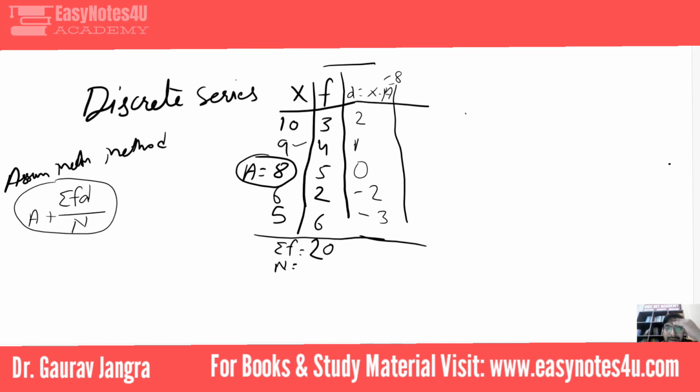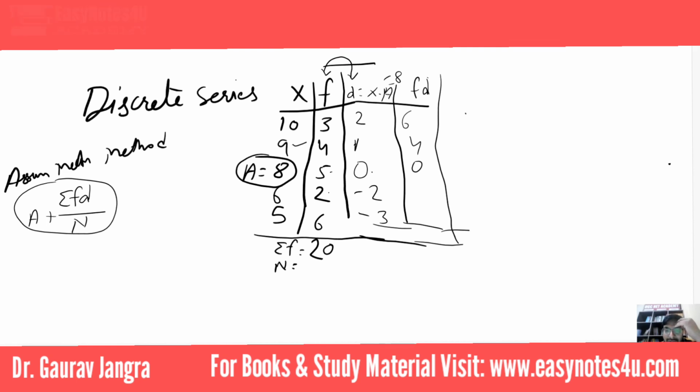Now we have to multiply the frequency with the deviation, f into d. 3 into 2 is 6, 4 into 1 is 4, and 5 into 0 is 0, 2 into minus 2 is minus 4, 6 into minus 3 is minus 18.